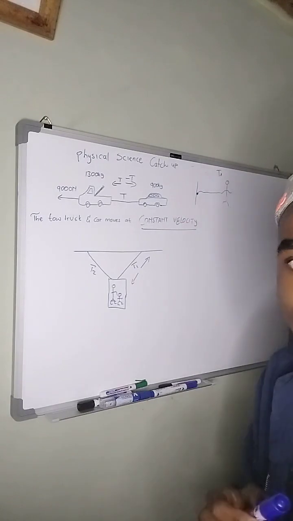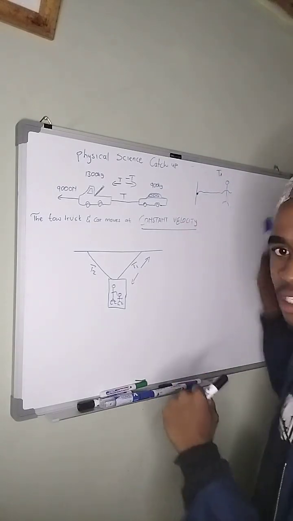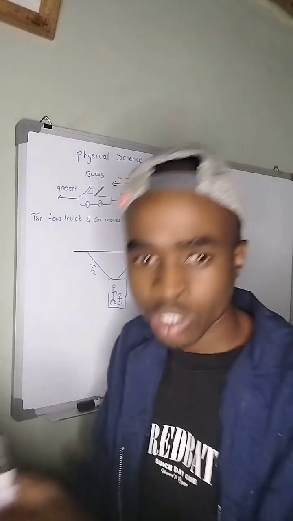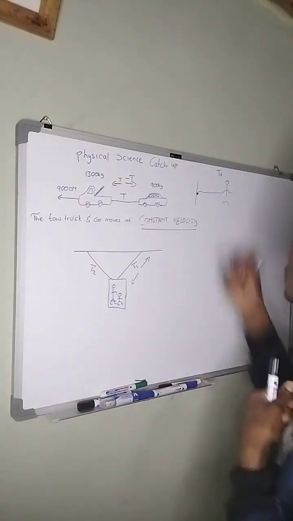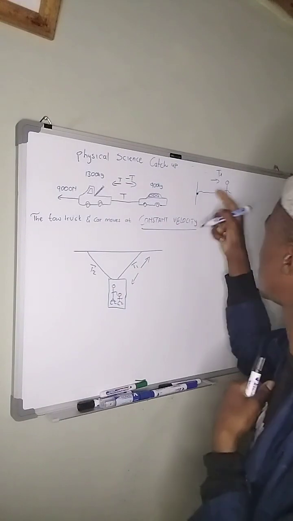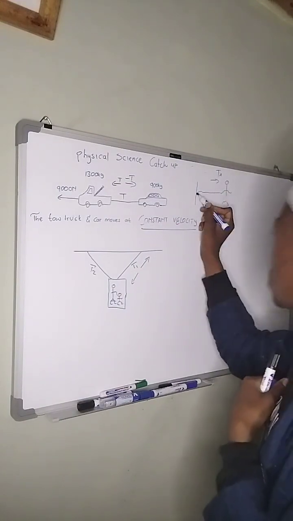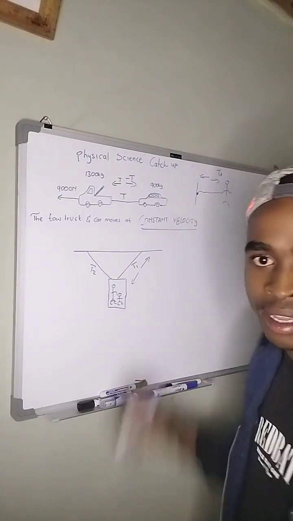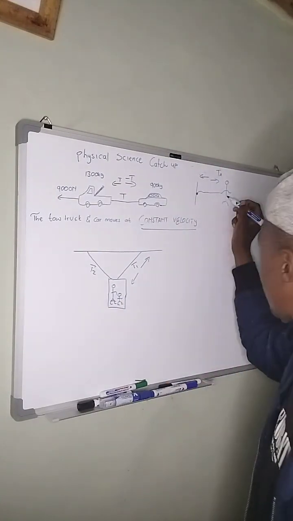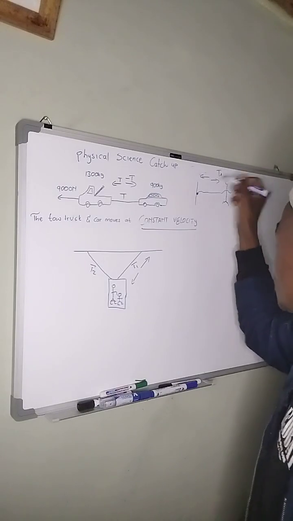Because if he pulls, the wall will have a resistive force which will be applied. Obviously, this guy will pull this with a certain force, but the wall itself will pull back relative to whatever force you are pulling the wall with.